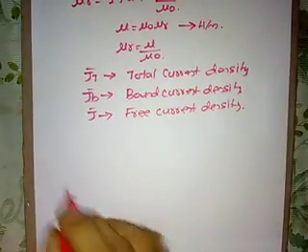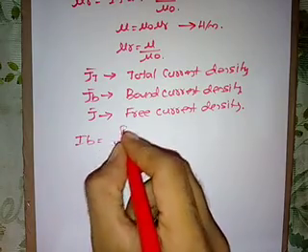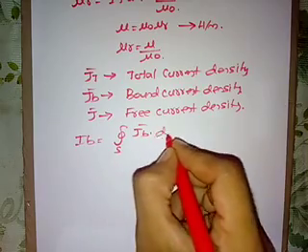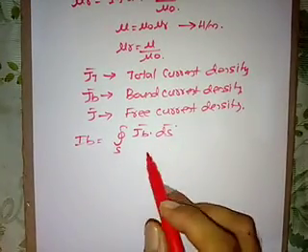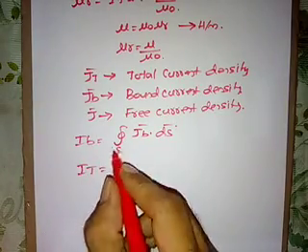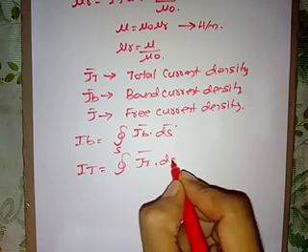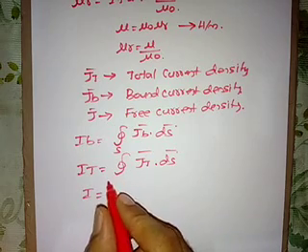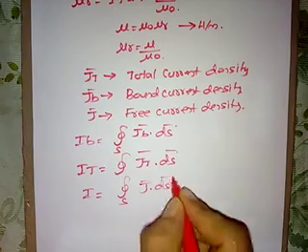Then we have the equations: Ib is equal to surface integral Jb bar dot ds bar. Jb bar is current per unit area, so area and area cancel and you get the current. Similarly, total current It will be surface integral Jt bar dot ds bar, and for the free charges, I is equal to surface integral J bar dot ds bar.